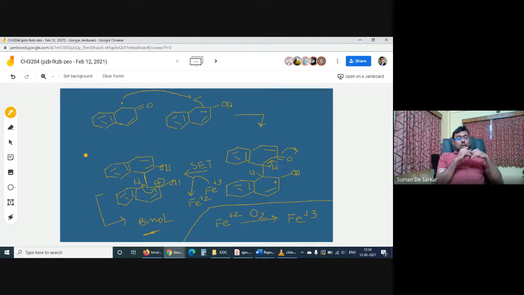Whenever any substitution reaction or coupling reaction involves the pi system of an aromatic system, in the intermediate that aromatic energy gets lost. That's why the activation energy is there. Stability is lost, and then ultimately it comes down when it regains the aromaticity.